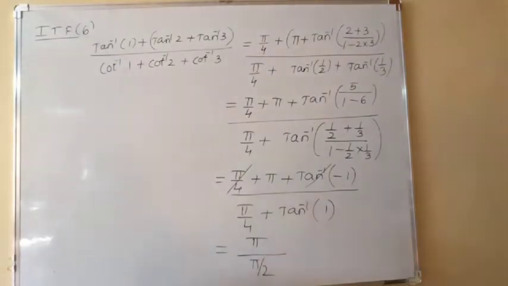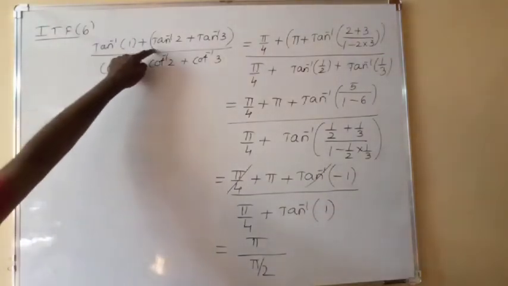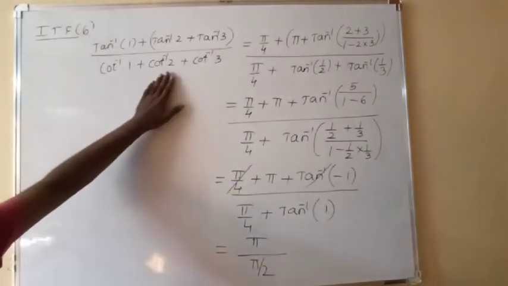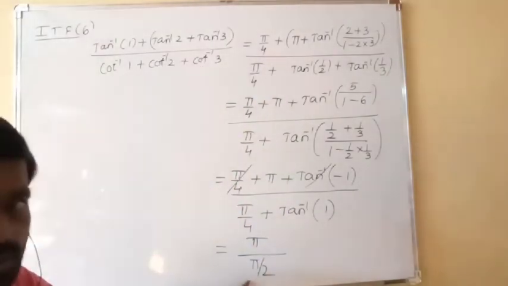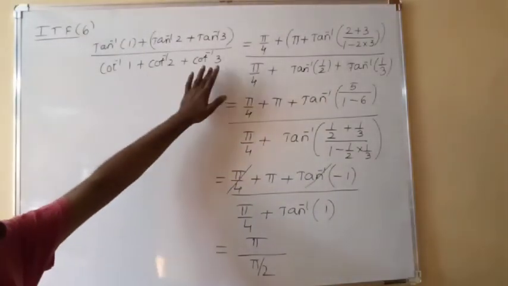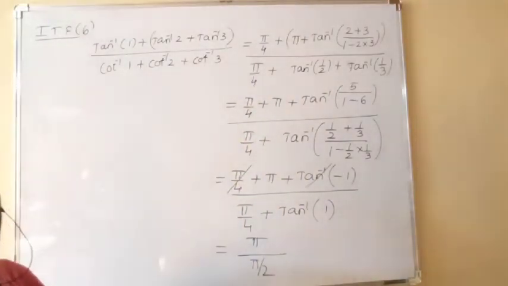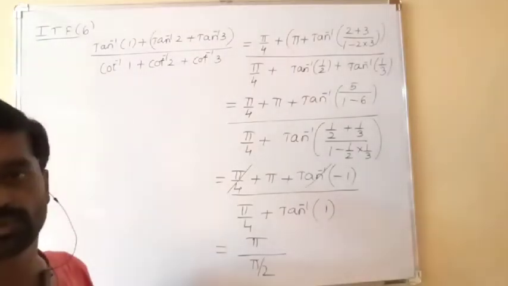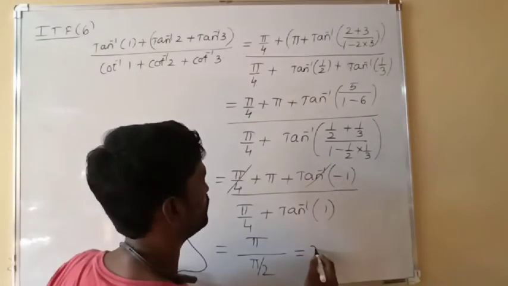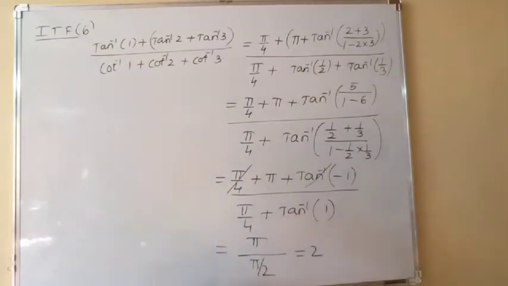So remember, tan inverse 1 plus tan inverse 2 plus tan inverse 3 is pi, and cot inverse 1 plus cot inverse 2 plus cot inverse 3 is pi by 2, which is the same as tan inverse 1 plus tan inverse 1 by 2 plus tan inverse 1 by 3. So pi divided by pi by 2 is 2.